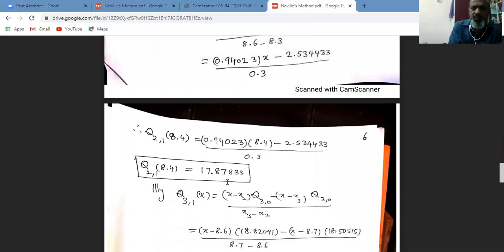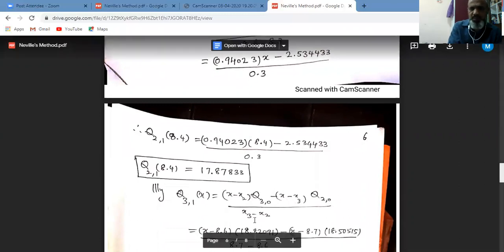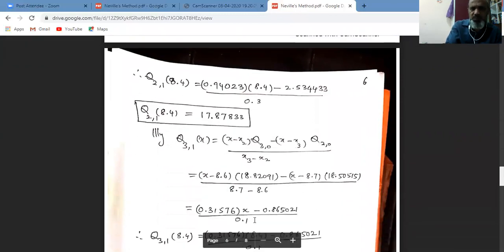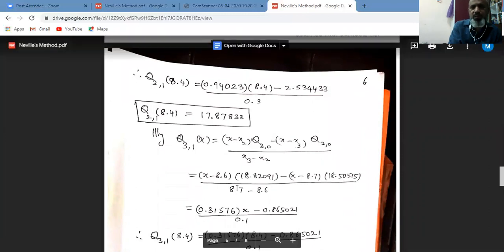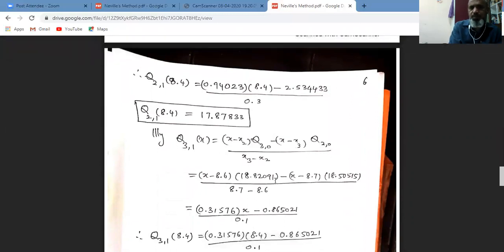17.87833. Similarly, the next first degree approximation is q3,1(x). So by substituting i is equal to 3, j is equal to 1, we get ((x minus x2) q3,0 minus (x minus x3) q2,0) by (x3 minus x2). So again, substituting the values of x2, x3, q3,0, q2,0, we get this function. After multiplication, simplification, we get the polynomial q3,1(x) as (0.31576x minus 0.865021) by 0.1.